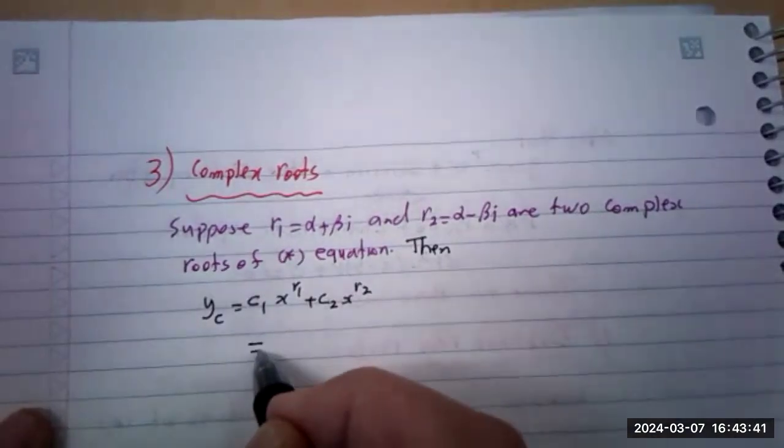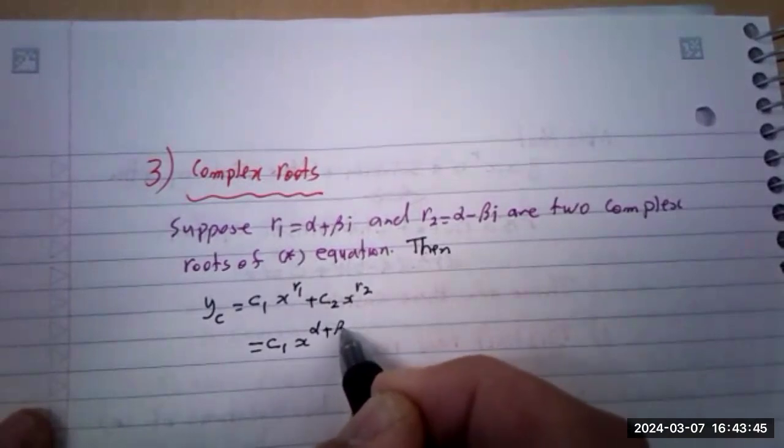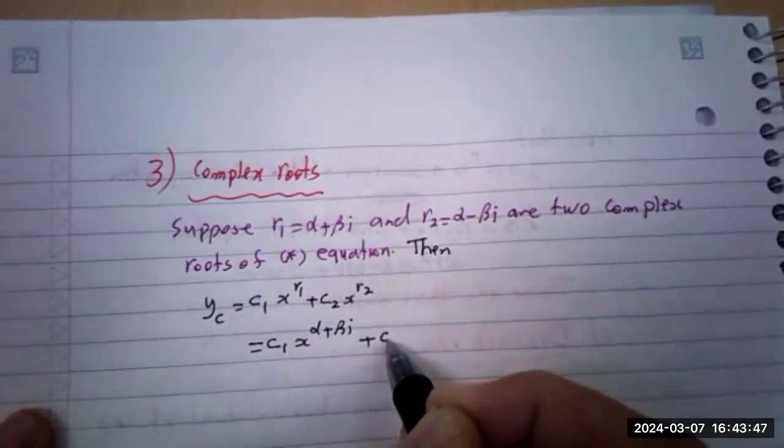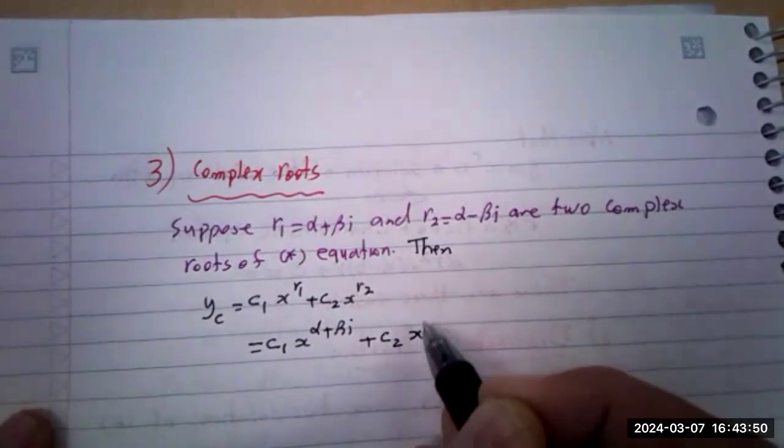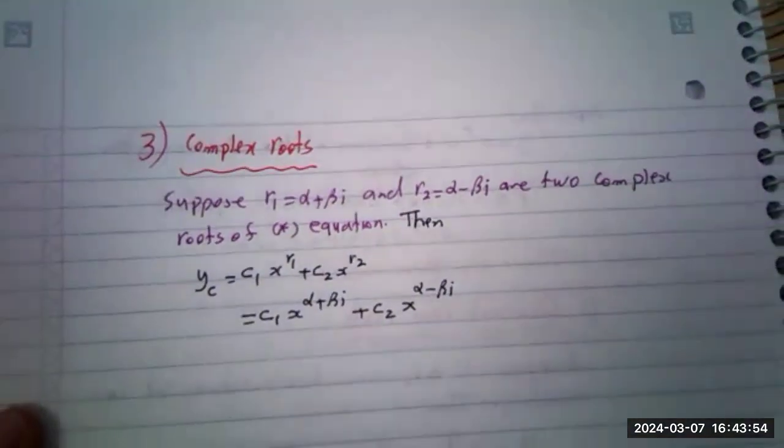If you substitute, that gives you c1 x to the alpha plus beta i, and this is going to be c2 x to the alpha minus beta i. That's going to be the one.